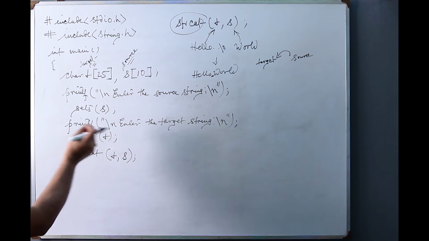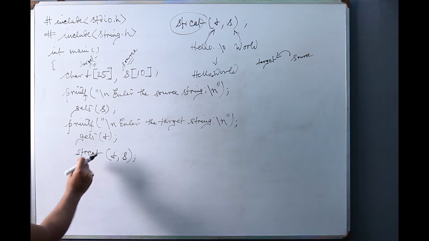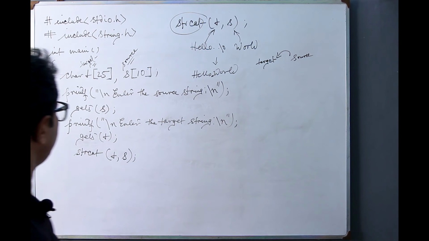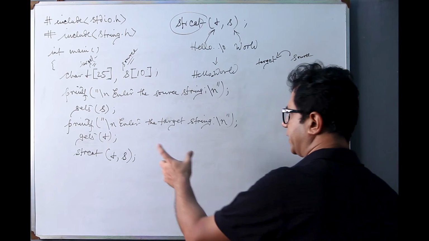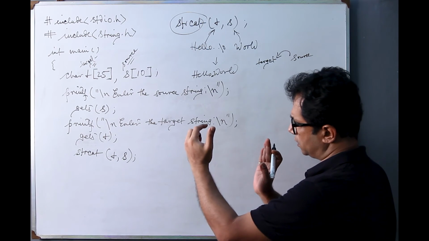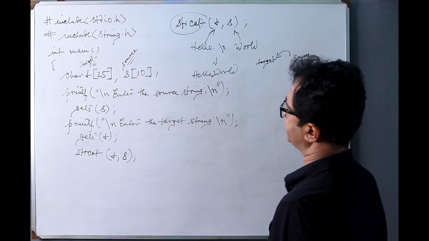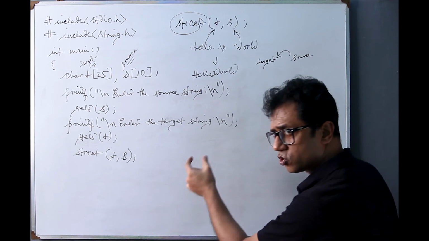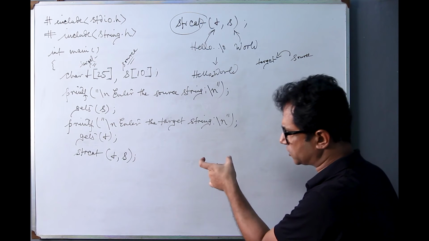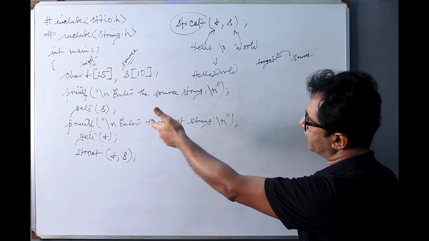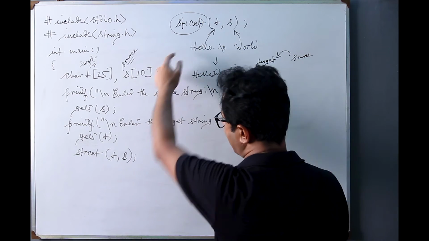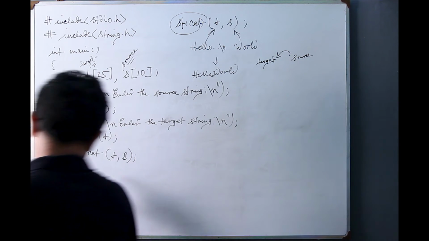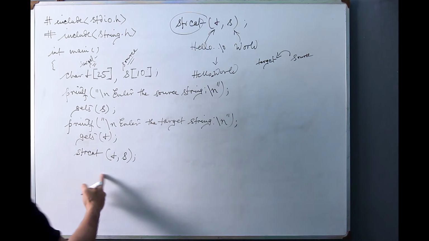The source string is concatenated or joined to the target string, and now if we just print the target string, it will print the two strings together, one by one, that is target followed by the source. They are concatenated, joined, and become one single string, and that comes to the target string and gets printed by the output. So let's print this string.